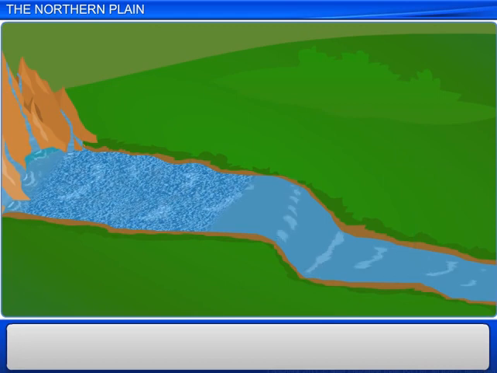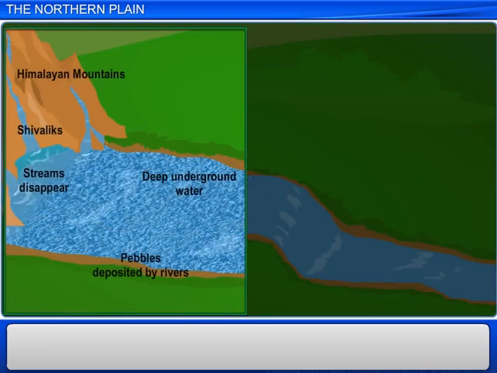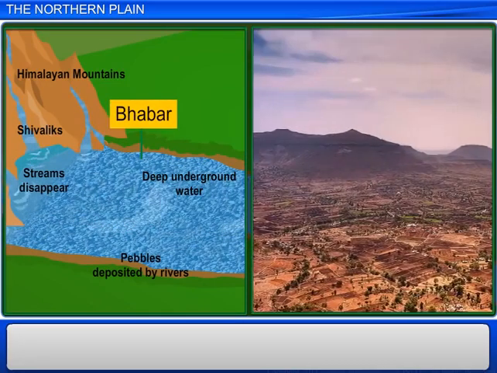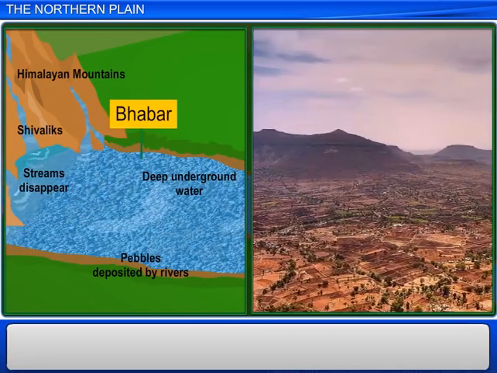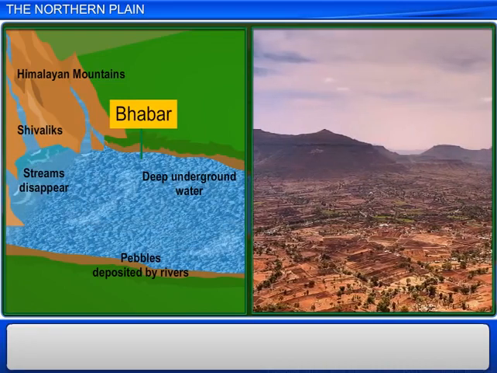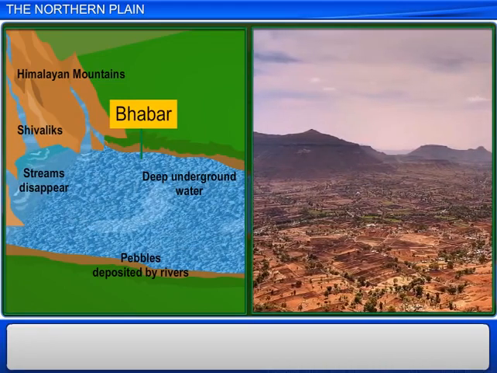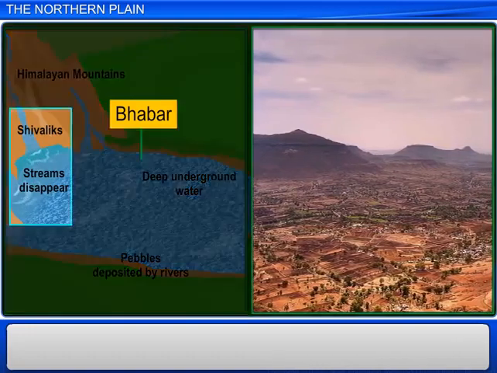We begin with the Bhabar region. The Bhabar region is a narrow belt of level surface in the northern plain, lying parallel to the slope of the Shivaliks.